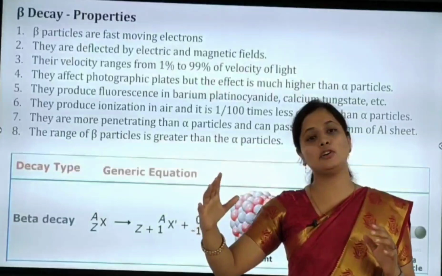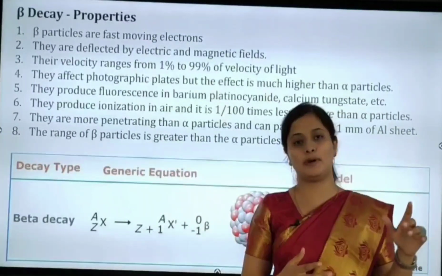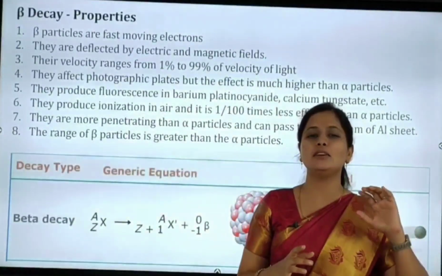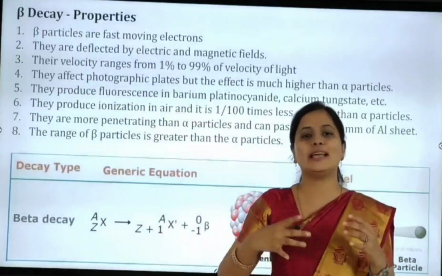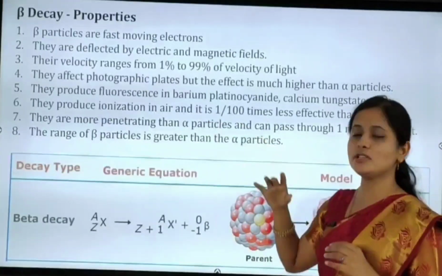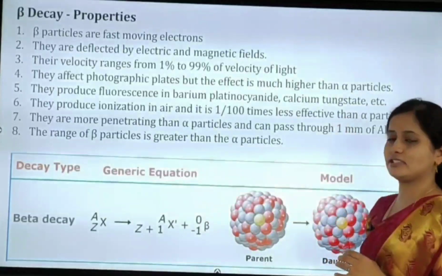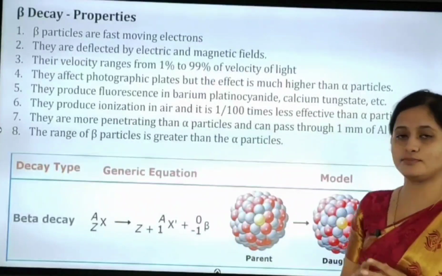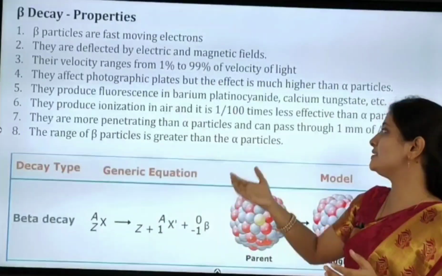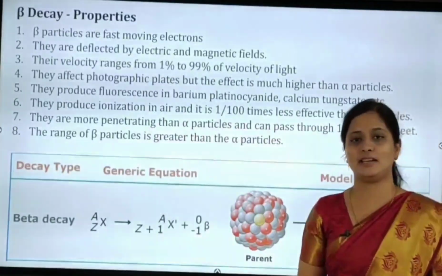Compared to the beta particle, the effect of the alpha particle is low. Next, they produce fluorescence in barium platinocyanide, calcium tungstate, etc. So they produce fluorescence in barium platinocyanide, calcium tungstate, etc.